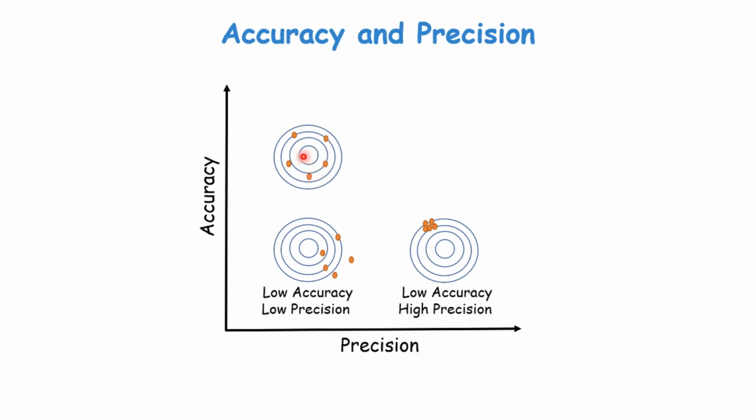These two can be averaged to somewhere here, and these two to somewhere here, so the overall average will be closer to the actual value. So we call this high accuracy, not really the true high accuracy, but we just say it. And that's low precision.